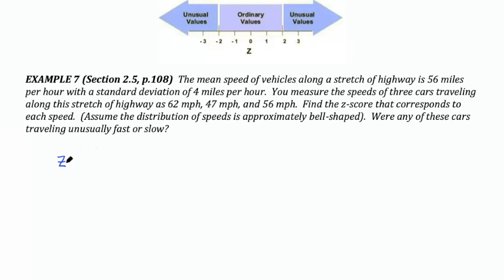One notation that we do sometimes use is to put the value that we're calculating the z-score for as a little subscript at the end. So I'm indicating I'm finding the z-score for 62. The formula says we take the value that we're finding the z-score for minus the mean, divided by the standard deviation. I was told my value is 62.